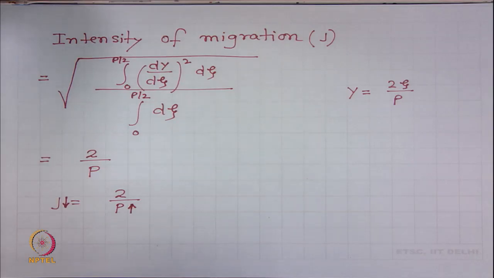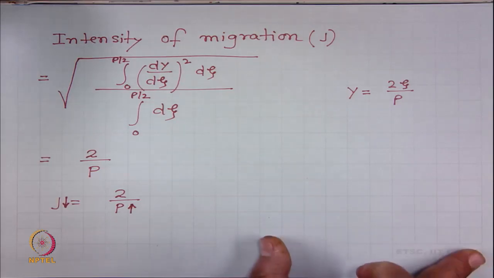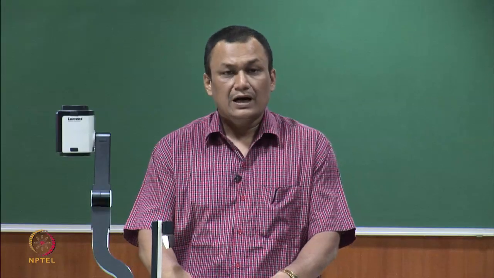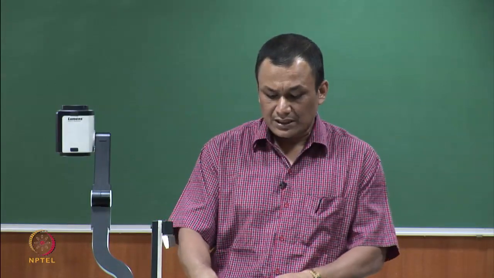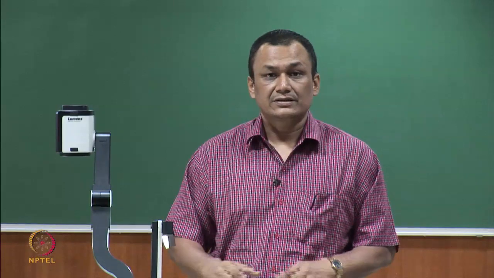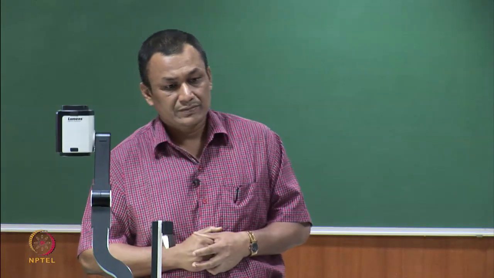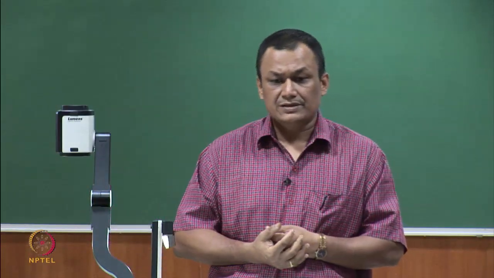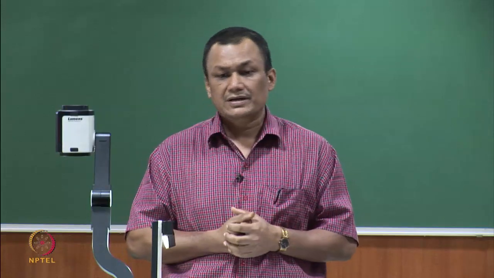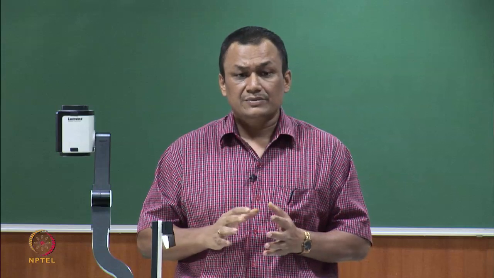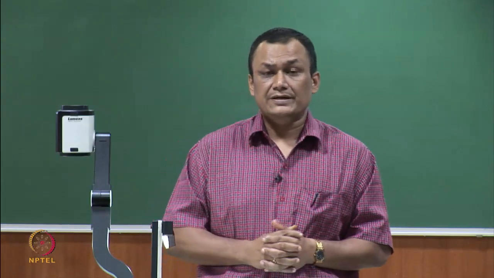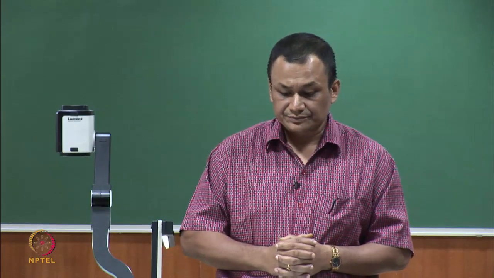Taylor's model of migration. Now, the very important question: how is the correspondence between Taylor's migration model and reality, experimental results? Is it so that Taylor's model explains the experimental results very well, or is it so that Taylor's model fails to explain the experimental results?